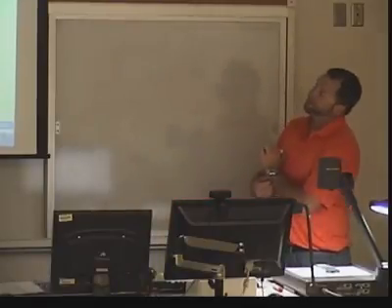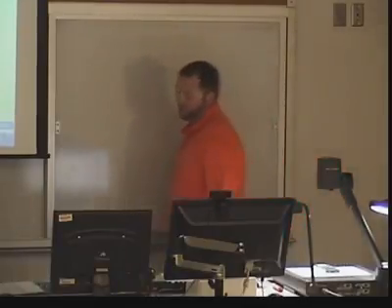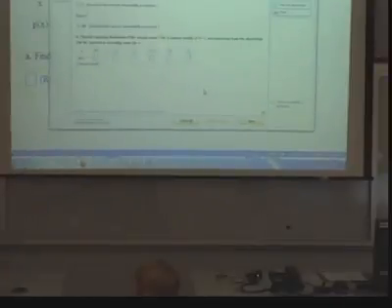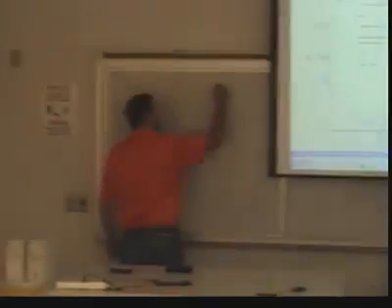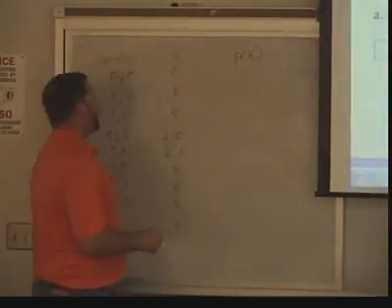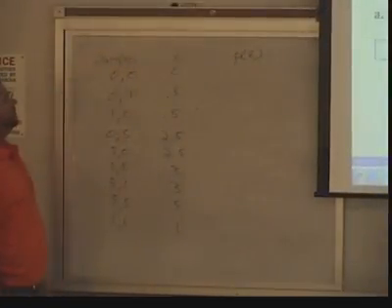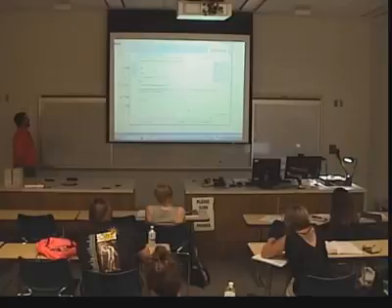Now we need to figure out the probability for each. And the way you do that is, since they're independent, you just multiply the probabilities together. So what's my probability of getting a 0 and then another 0? How would we do that? What's the probability of getting a 0?